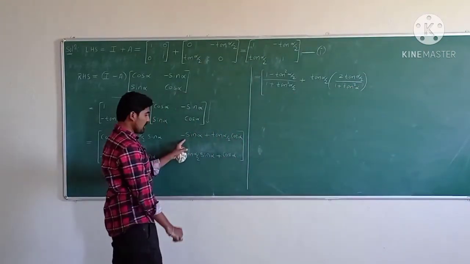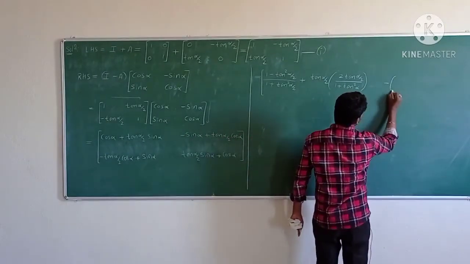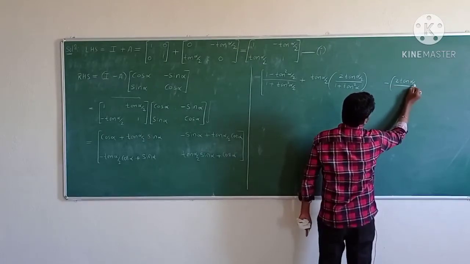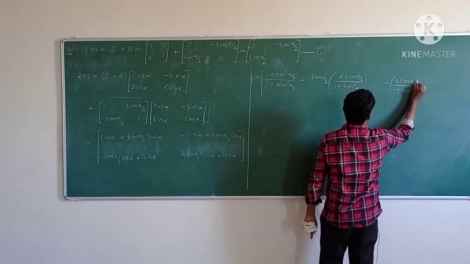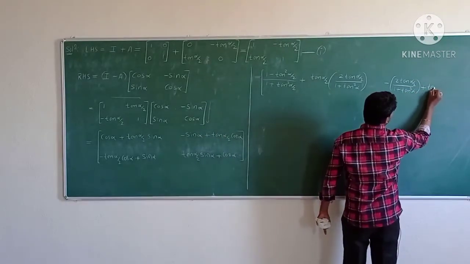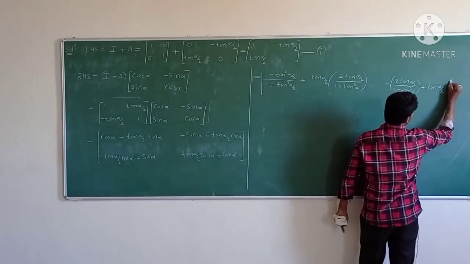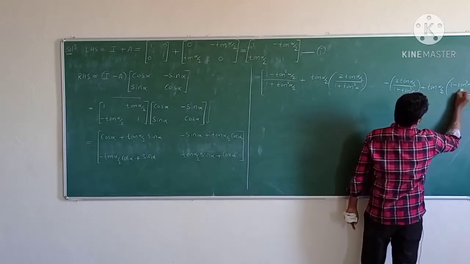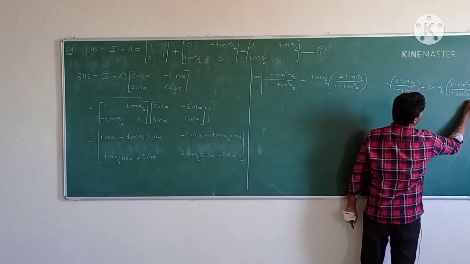And next minus sin alpha, so minus 2 into tan alpha by 2 divided by 1 plus tan square alpha by 2, then plus tan alpha by 2 into cos alpha, formula 1 minus tan square alpha by 2 divided by 1 plus tan square alpha by 2.